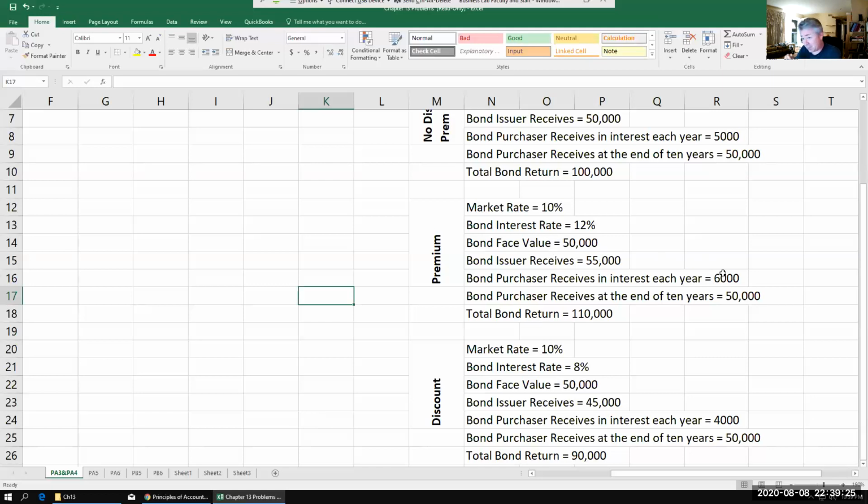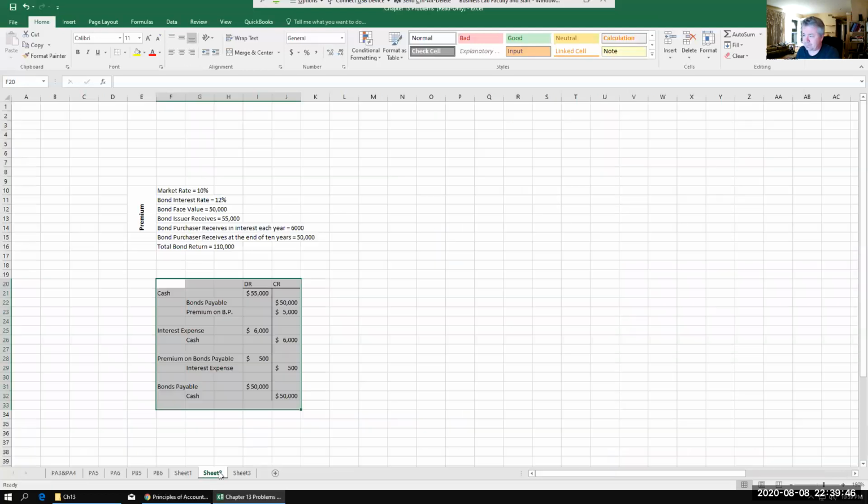Typically, we'll amortize it over the course of the bond. We'll take a portion of the premium that will affect the interest each of the 10 years that the bond is issued. Again, we're using the straight line method here, and nothing about carrying value, all of that. But then let's see how that affects the journal entries.